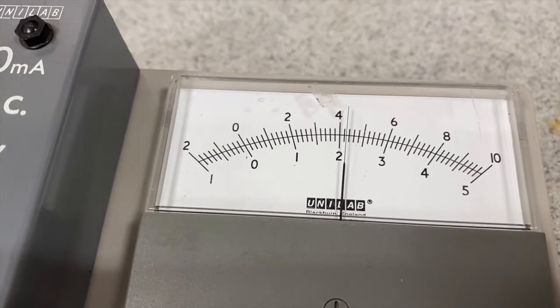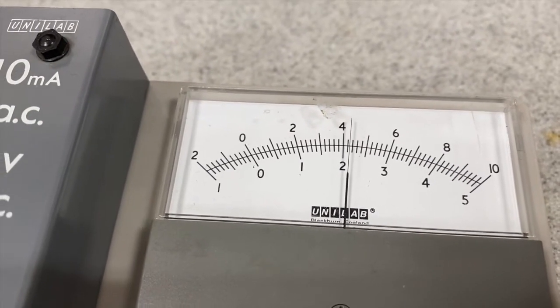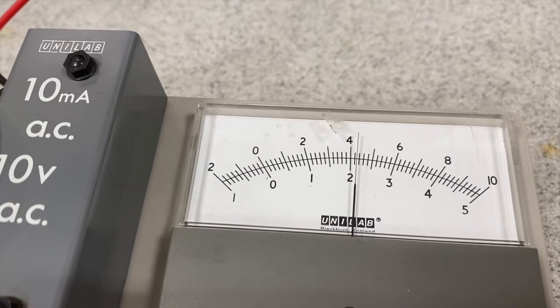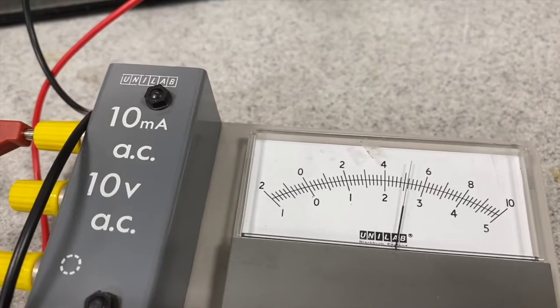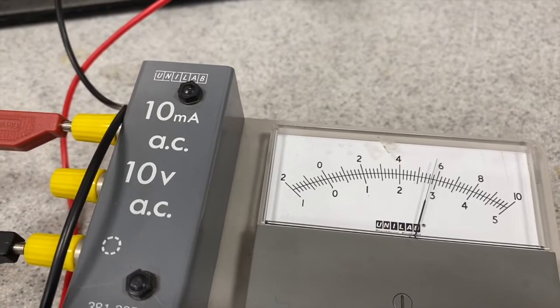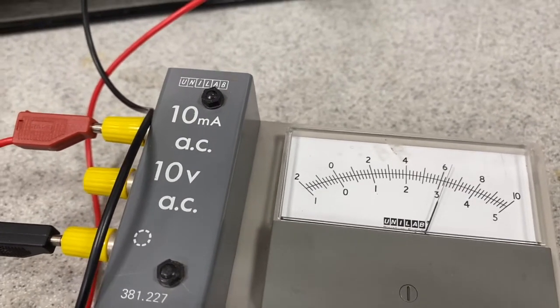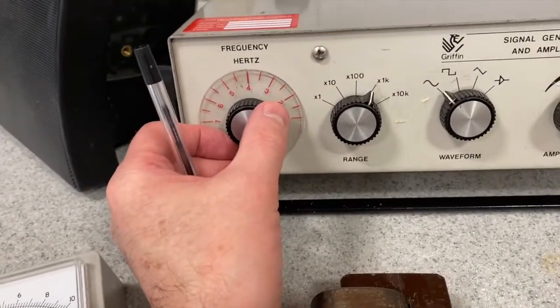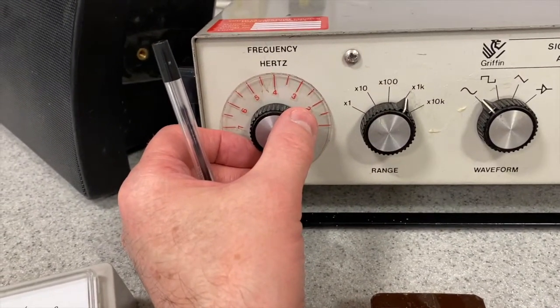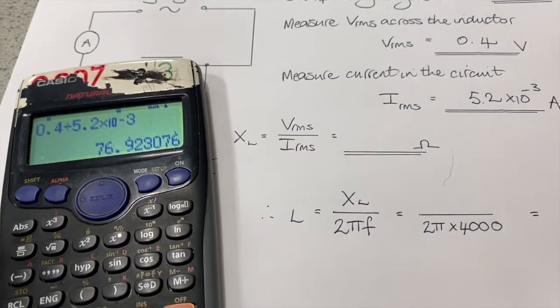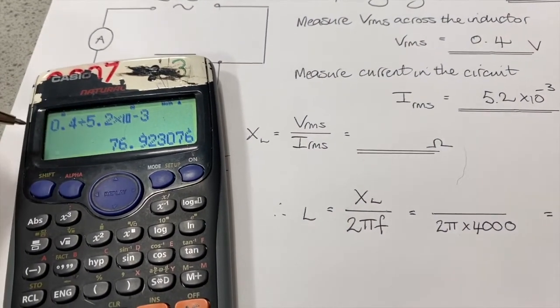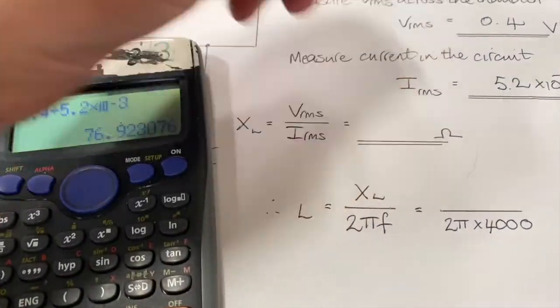So with an inductor, by increasing the frequency, you're increasing the reactance because the current goes down. The opposite's true as well. If you decrease the frequency, you get more current, so there must be less reactance. So reactance is a frequency dependent quantity, and we are doing it at 4000 Hertz. So this is only for 4000 Hertz. The reactance of that inductor is 77 ohms.